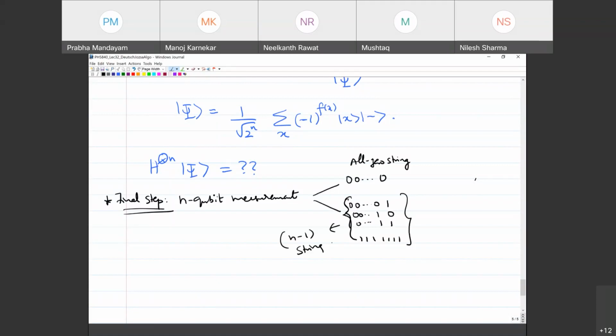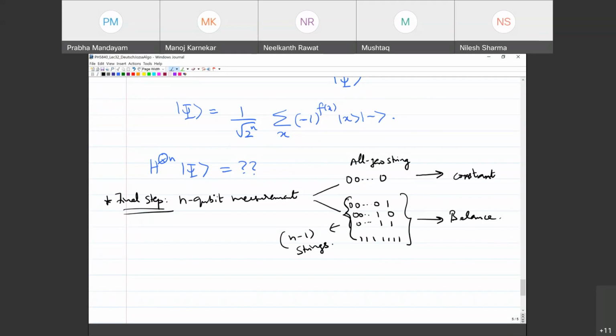Okay. So if you get the all zero string, by now you should tell me the answer. Is the function constant or balanced? Constant. That would be the correct guess. And if you get any of the other strings, then it is balanced.